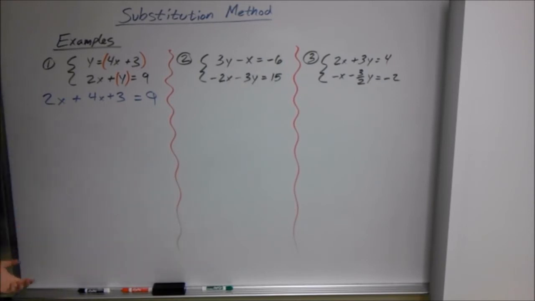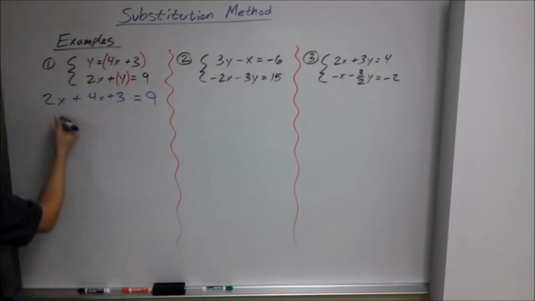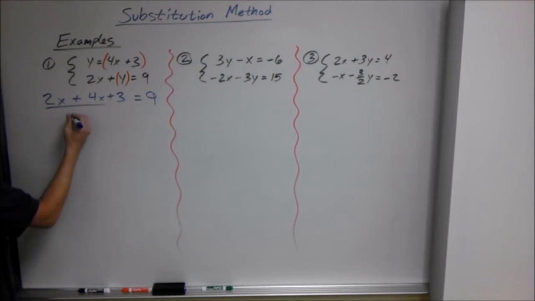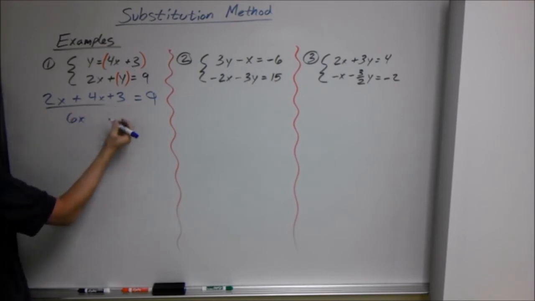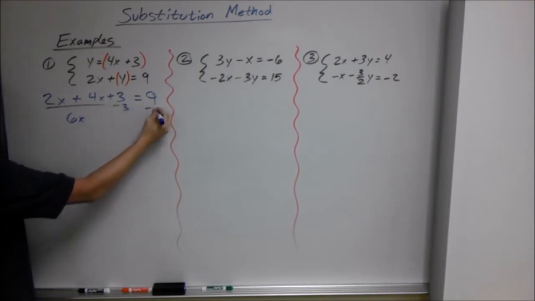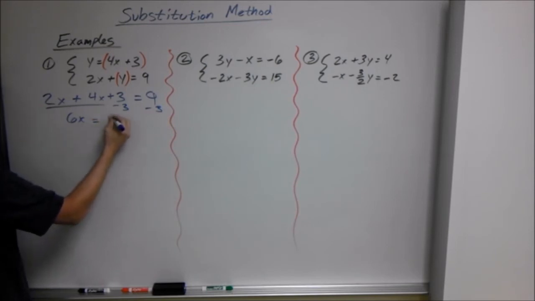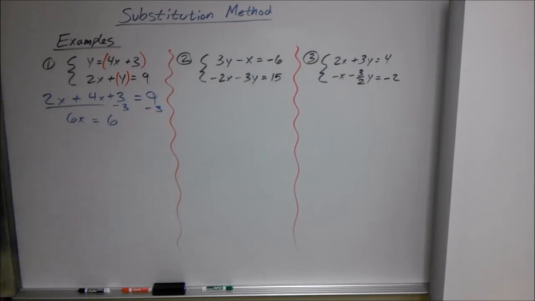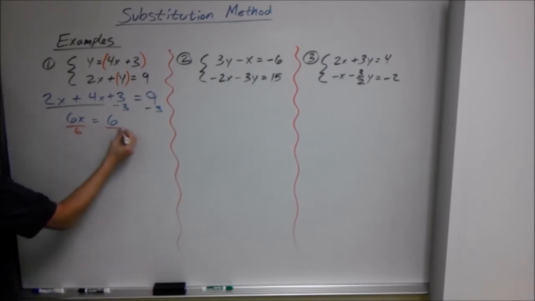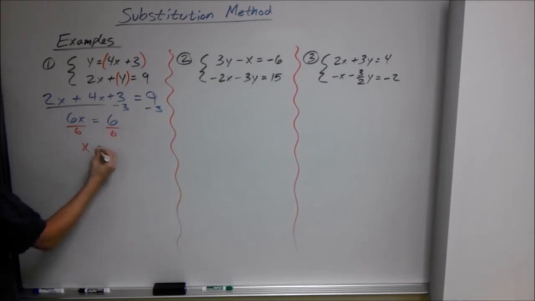Then we just add like terms and solve it like normal. Here we have 2x plus 4x is 6x. Then we minus 3 from both sides. That's going to give us 6x equals 6. And then last step, we divide by 6 on both sides. So x equals 1.